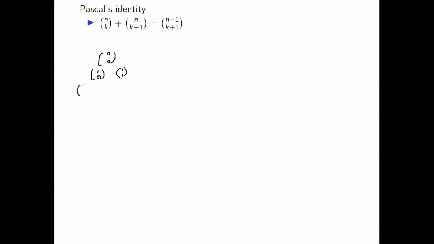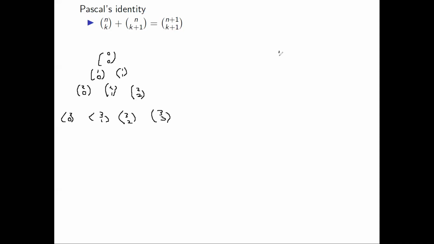So we start with n choose 0, and then we do n choose 1, and then we got n choose 2, so let's start with that. And we can see what each of these values are over here.